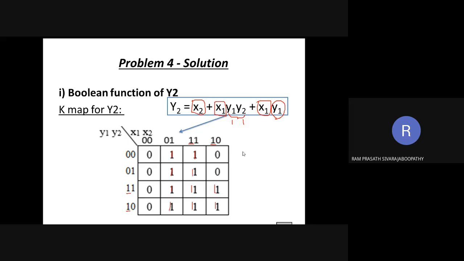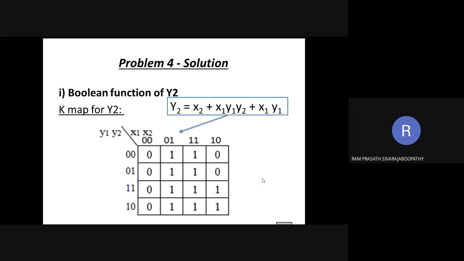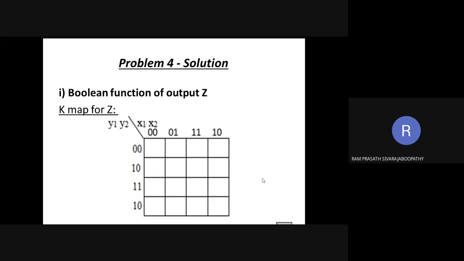Okay, fine. I will move to the next function. Let's type what z will be. Kindly take a screenshot. We will move to next slide. See what z will be: x2 plus y1. Very very simple. x2 plus y1.